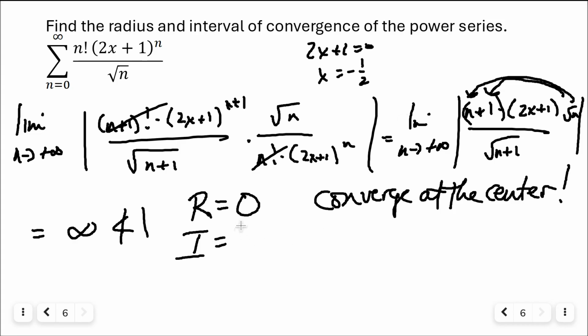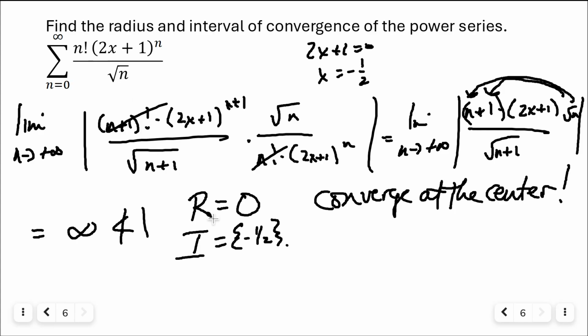So the interval of convergence is only negative 1/2. And again, it has to converge at the center. If I take negative 1/2 and substitute it in here, I get 0 to the n. But that's 0. And then 0 times all of this stuff will be 0. And the sum of 0 is 0. So it has to converge at least at the center, no matter what.